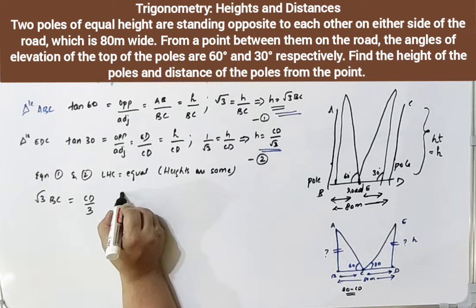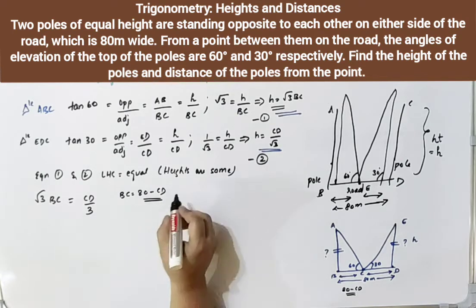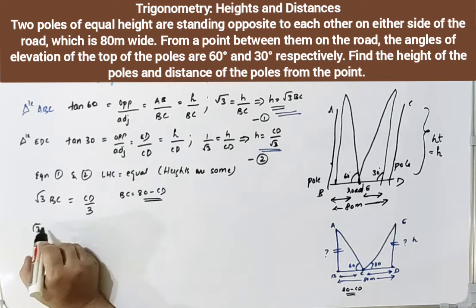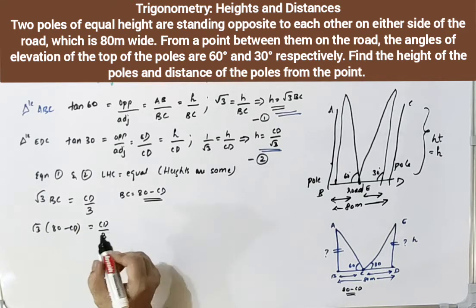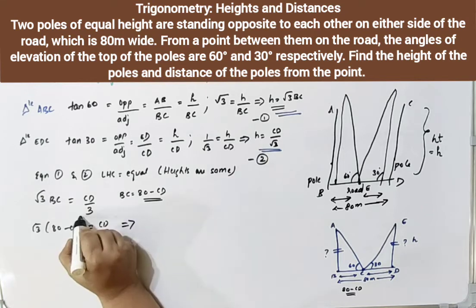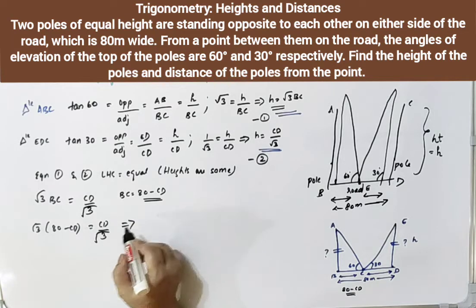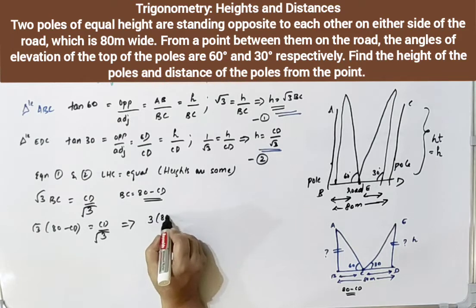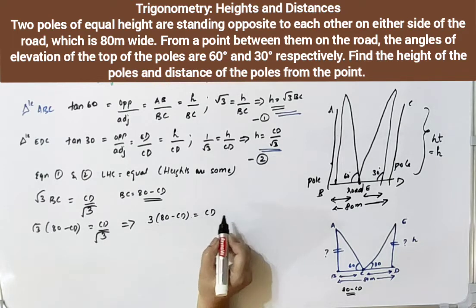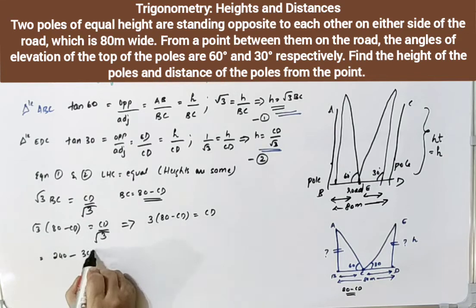So let's do that. BC is equal to 80 minus CD. If you substitute this here, we'll get root 3 into 80 minus CD is equal to CD by root 3. So we'll take root 3 on the other side. So root 3 into root 3, it will be 3. 3 into 80 minus CD is equal to CD. Now let's simplify this. We'll get 80 into 3 is 240 minus 3 CD is equal to CD.